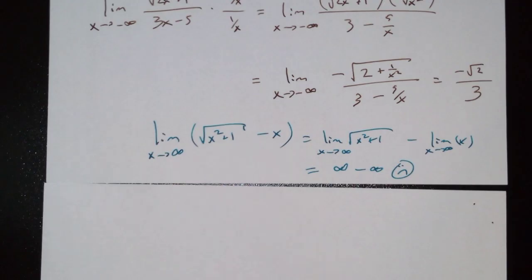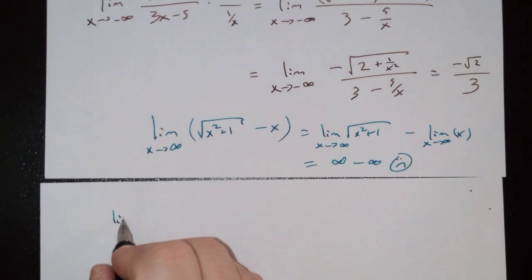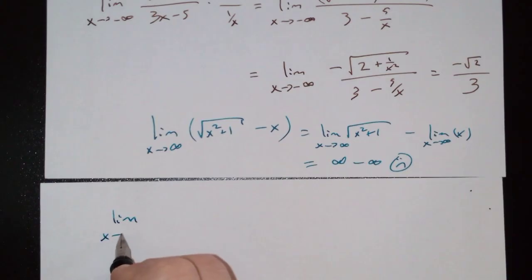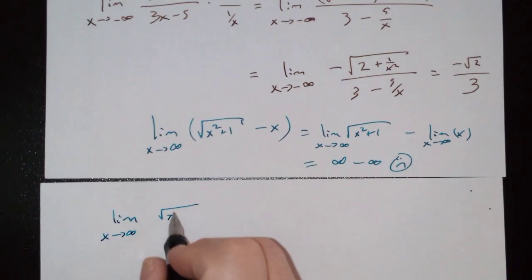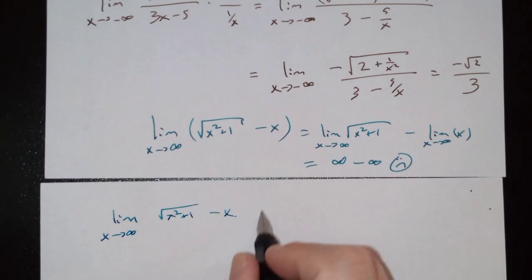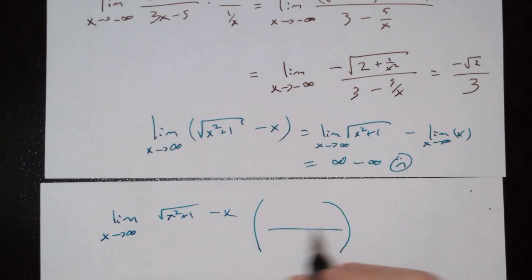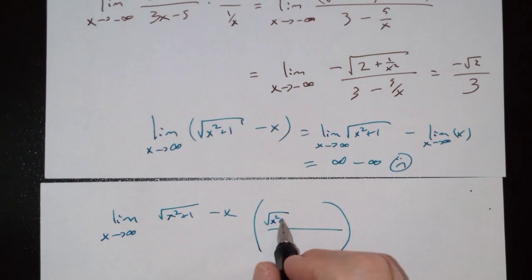This is thing minus thing. Pattern for the difference of two squares is thing minus thing, thing plus thing. So let me use that expression. And in order to do this limit, root x squared plus 1 minus x, the thing I'm going to multiply by is the square root of x squared plus 1 plus x over itself.